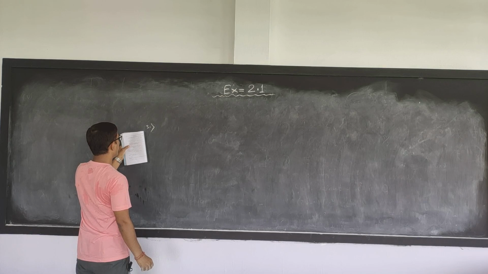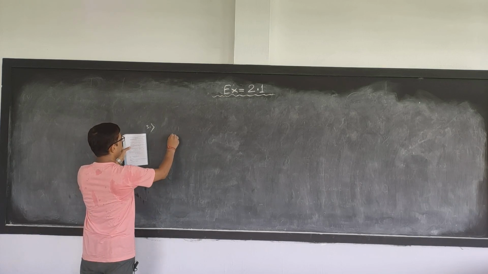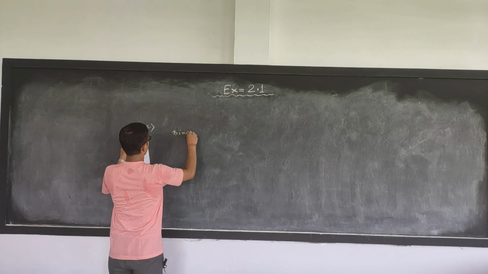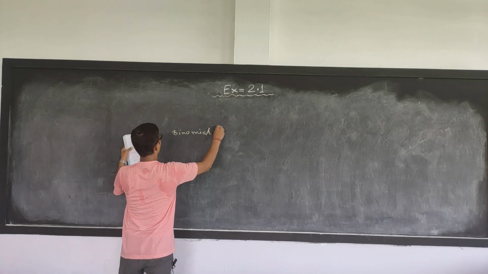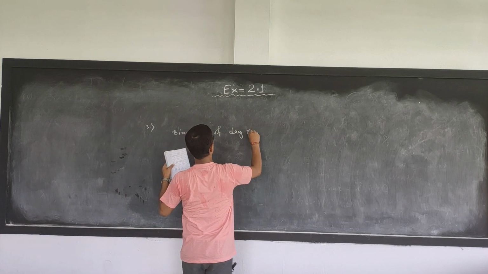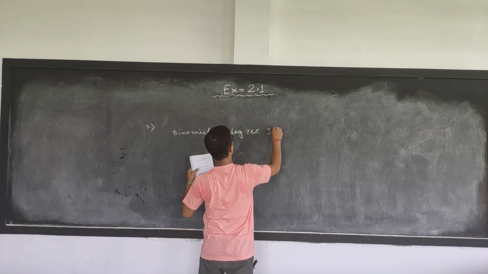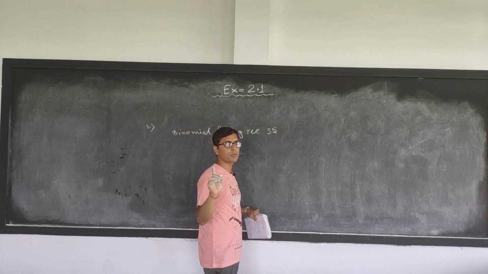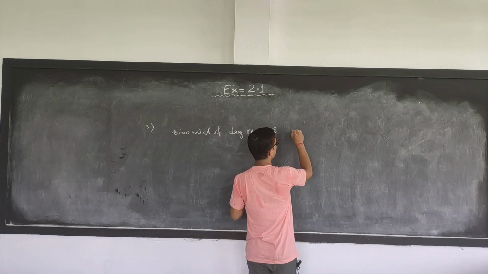Give one example of each of a binomial of degree 35. Binomial means two terms, with degree 35.